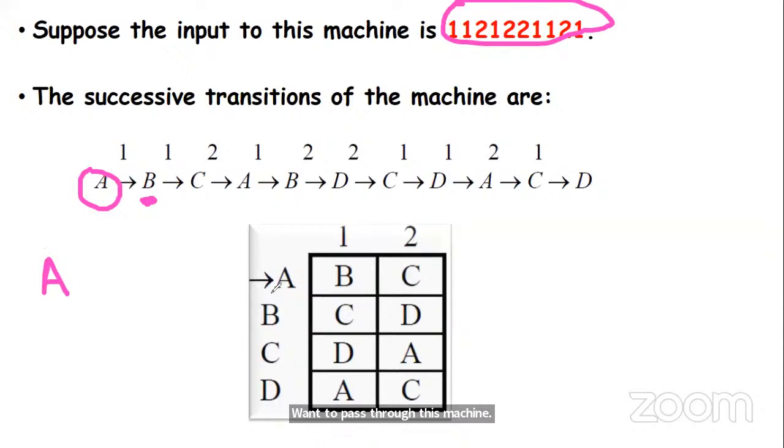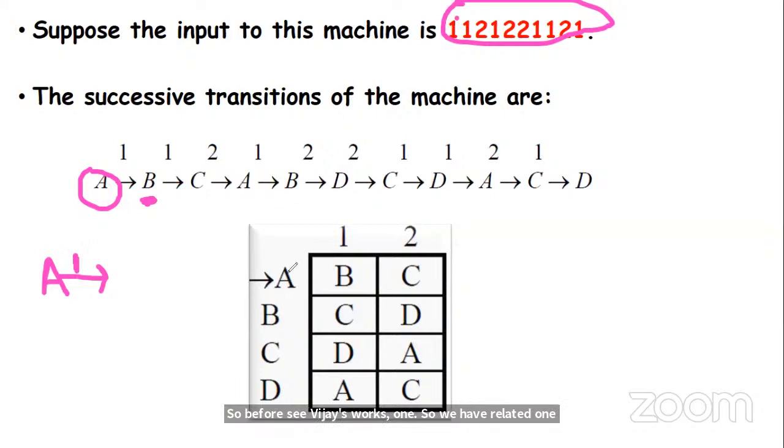So it tells us that A is the initial state, so we start at A. You must be at a state before you start reading the set of input. So the first thing you will read here is what? 1. So we have read the 1 here.